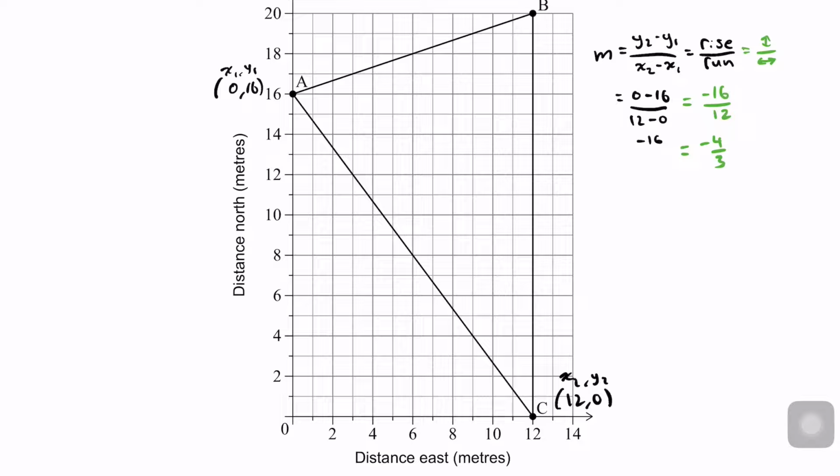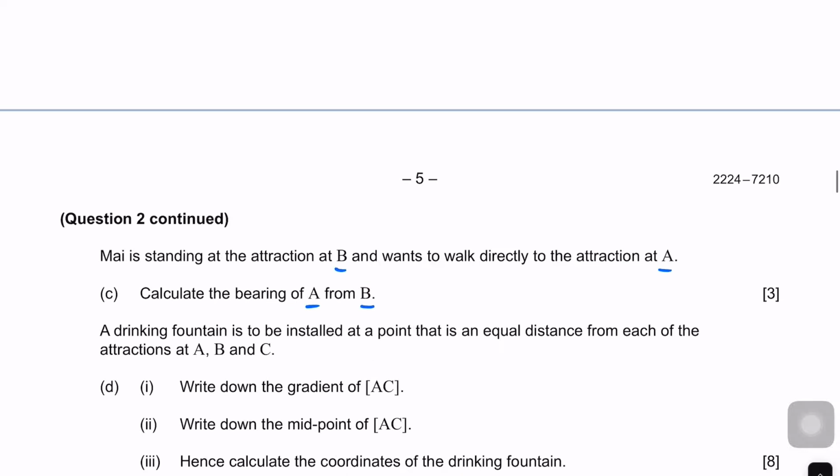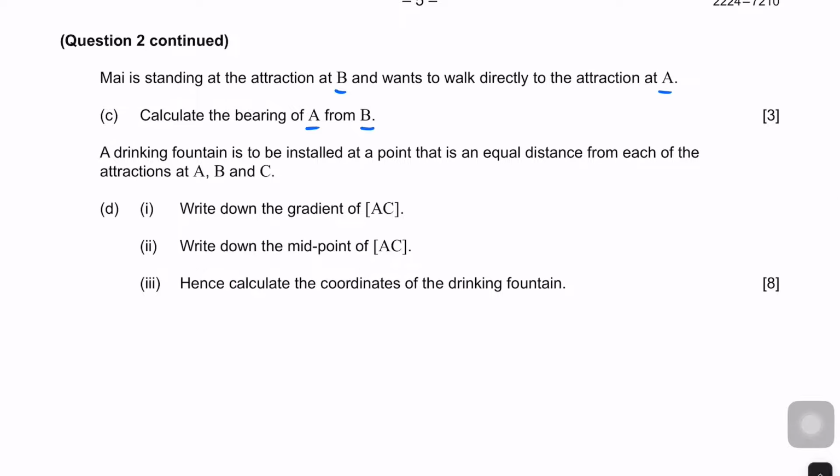This is negative 16 over 12, which is, once again, negative 4 over 3. So both of these will give you the equivalent result. Alright, so there is our slope. Slope is equal to negative 4 over 3. I'm going to go and write that in. m is equal to negative 4 over 3.